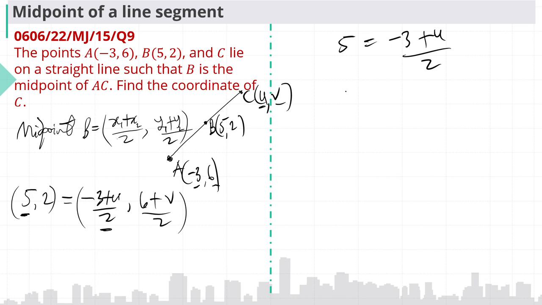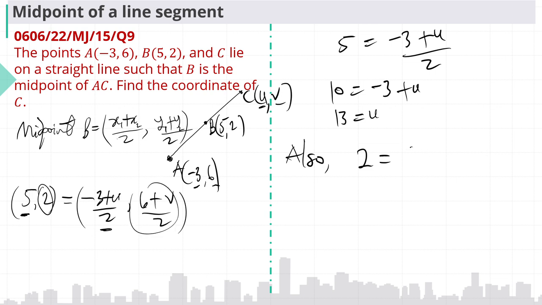Clear the fraction by multiplying both sides by 2, you get 10 equals minus 3 plus U, and that gives 13 equals U. Also, the y coordinate 2 should be equal to 6 plus V, divide by 2. Multiply both sides by 2 to clear the fraction. We get a value of V to be minus 2.